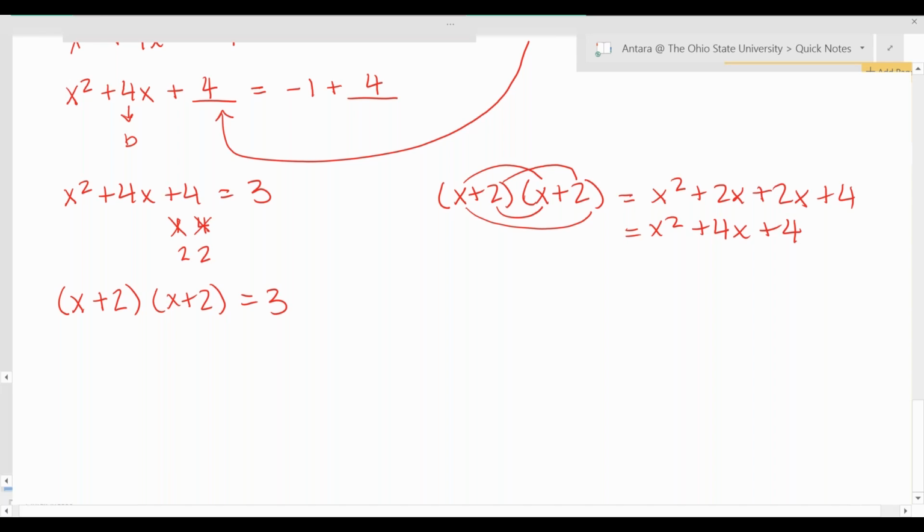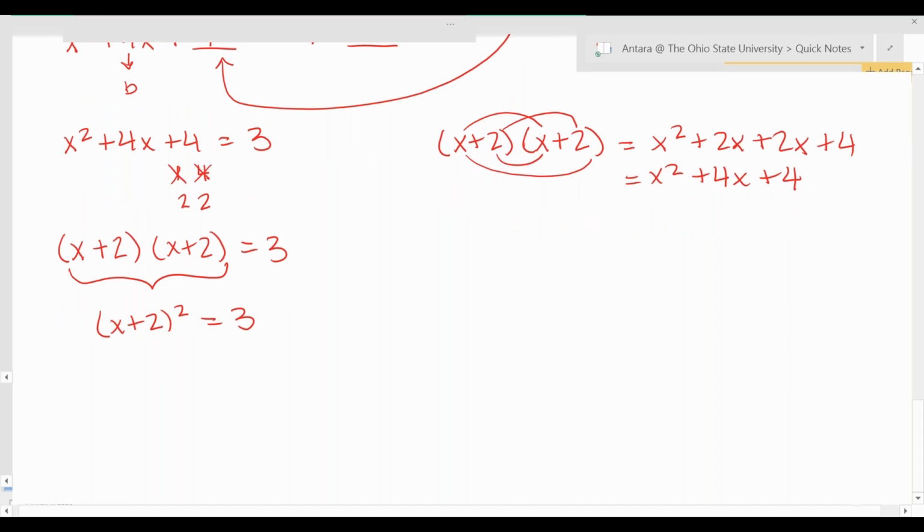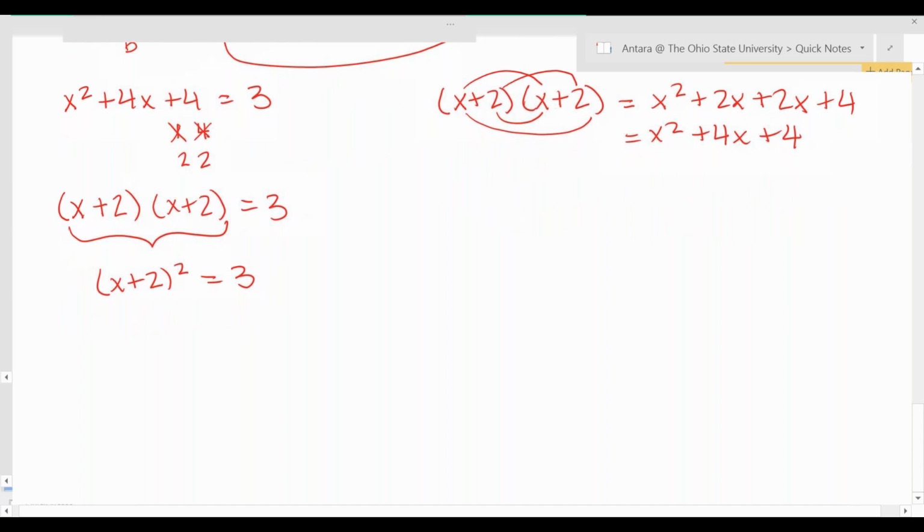So this expression can be simplified into x plus 2 quantity squared equals 3. Now, the 3 can be brought to the left side in order to make this into vertex form.